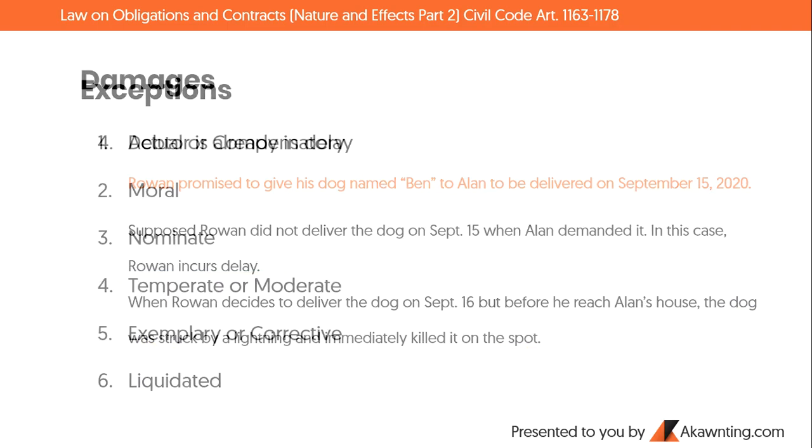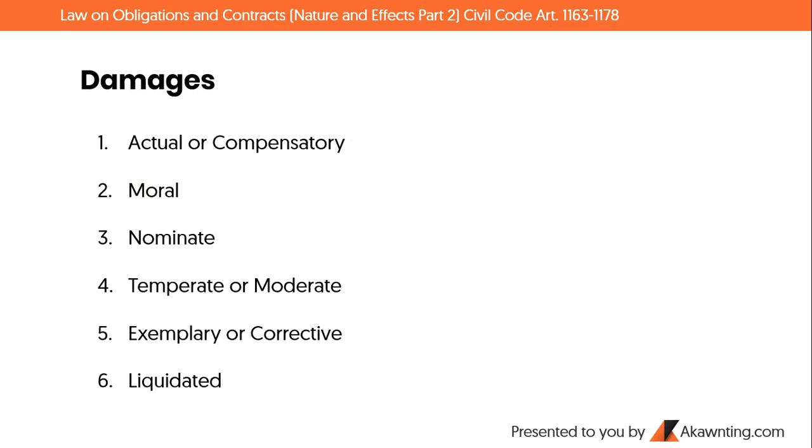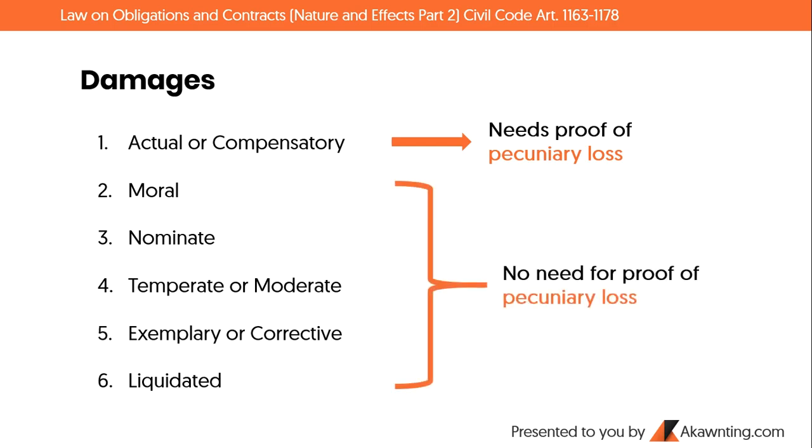Okay? So, next part, we have damages. So, these are the 6 types of damages under the Civil Code. So, we have actual or compensatory damages, moral, nominal, temperate or moderate, exemplary or corrective, and lastly, the liquidated damages. So, among these 6 types of damages, only the actual or compensatory damages needs proof of pecuniary loss.